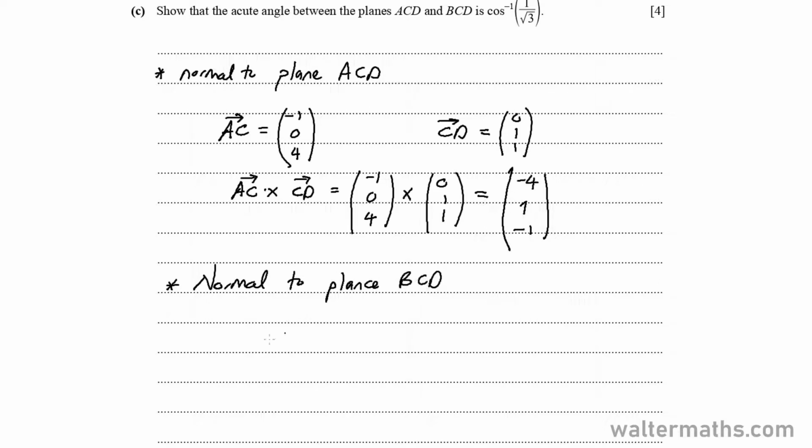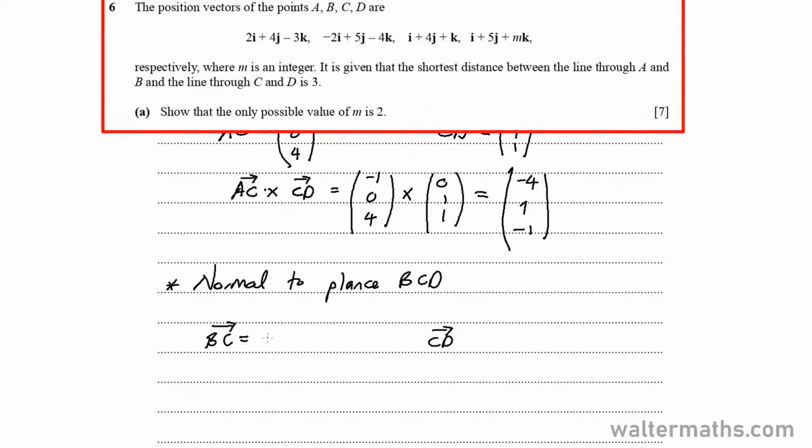BCD. So for this one, we will need to find the vector BC and also the vector CD. Now for BC, we can say that's OC minus OB.